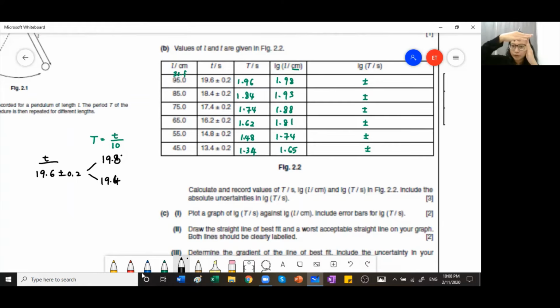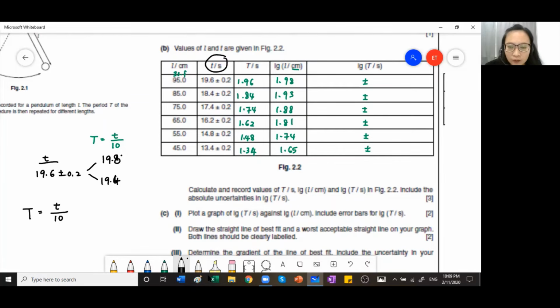So the period that you calculated here must have the absolute uncertainties as well. It's just that they asked you not to put that in. So therefore, I am looking at my T value here. My T value depends on the raw data, which is a small t, over 10. Since all my period values are divided by 10, all the absolute uncertainties of the time taken must be divided by 10 as well to give the uncertainties of the period.